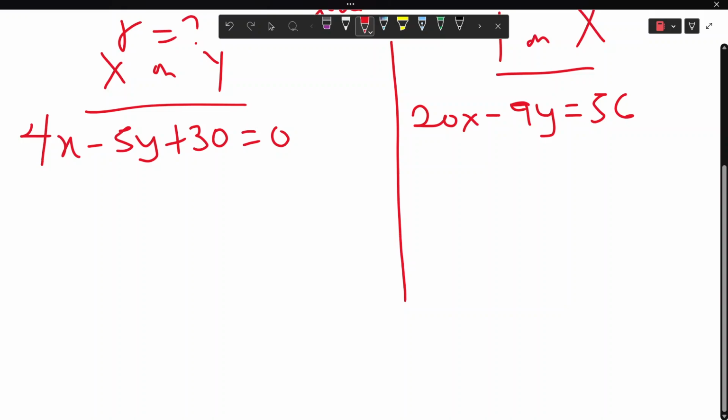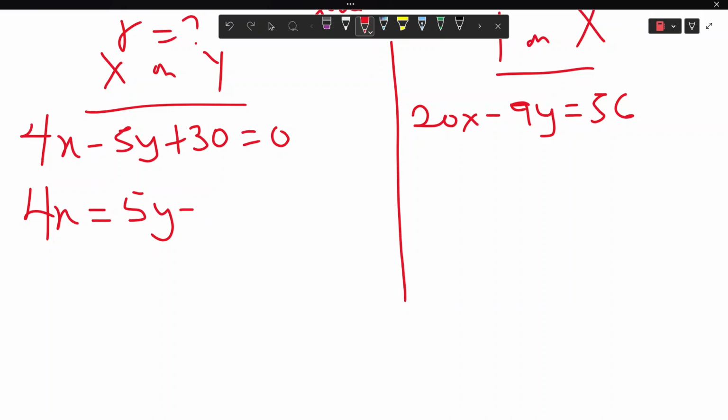Because the first equation is equation x on y, meaning that x depends on y, let's make x the dependent variable, the subject. 4x is equal to 5y minus 30.